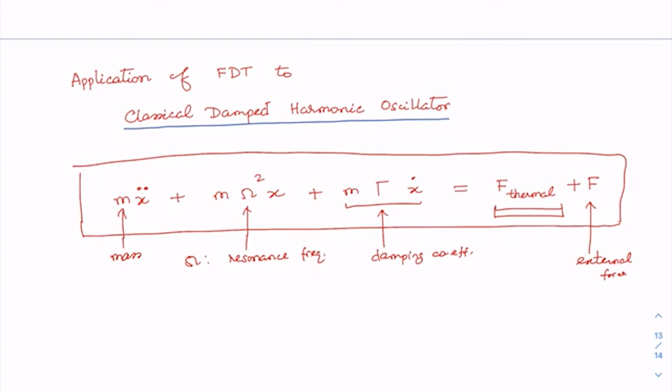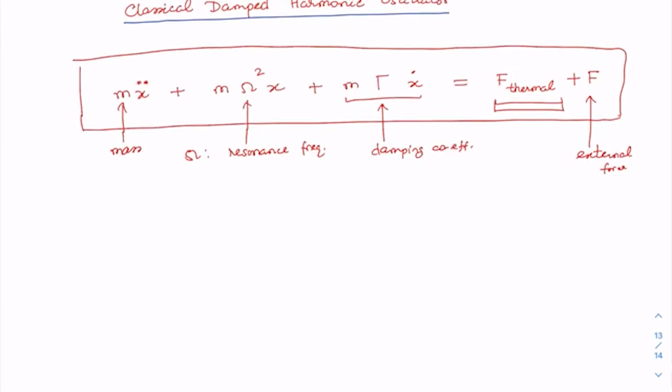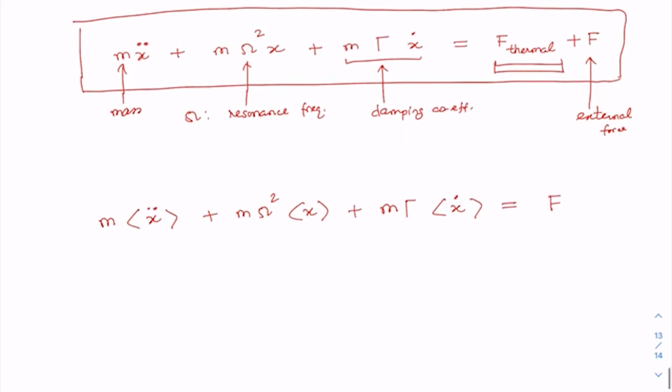Because this F thermal is a fluctuating term, on averaging we will get rid of the thermal force. So if we average it, we will get m x double dot average, plus m omega square average of x, plus m gamma average of x dot, and F thermal average would go to 0, so we are left with just this external force.